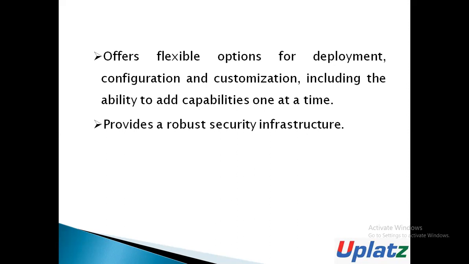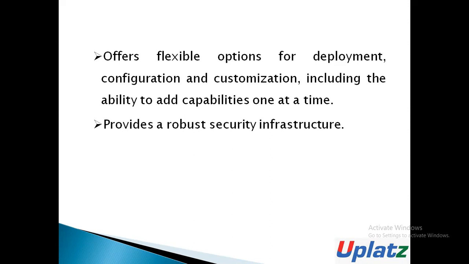So all capabilities you can deploy at one time, and it provides a robust security infrastructure. In Sterling Integrator, before any document enters it, we have a robust system called the perimeter server. How the perimeter server works is a separate topic which I will discuss later; I will tell you briefly. The perimeter server is just like a security gatekeeper.